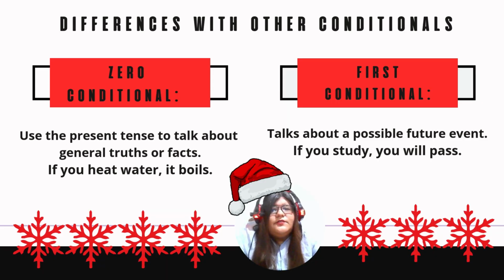Then we have the differences with other conditionals. For example, we have here the zero conditional, the topic that we saw yesterday. And if you didn't, I recommend you watch my video about zero conditional. You will find it on this YouTube channel. Zero conditional uses the present tense to talk about general truths or facts. If you heat water, it boils. And the first conditional talks about a possible future event. If you study, you will pass.